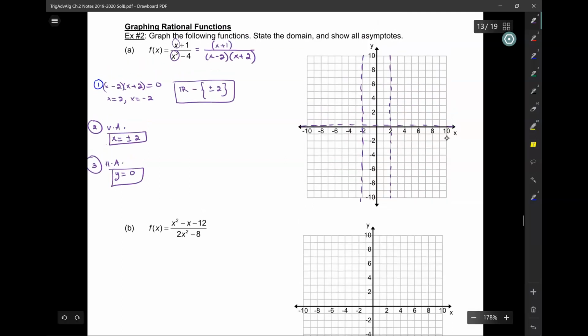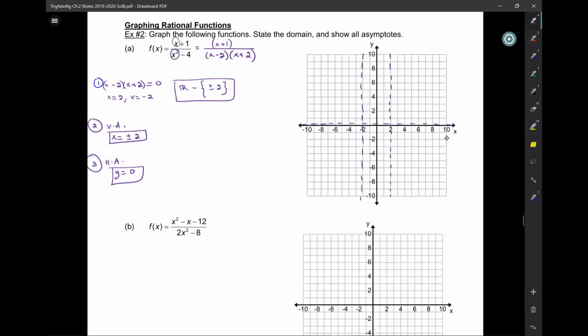Okay. Now, we're going to graph this one. I'm going to show you how to graph it once because I want you to see how it all works. Now look. I'm also going to find zeros here. You know how you find zeros of a rational function?